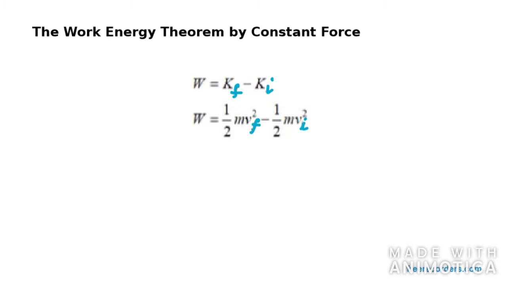So the final position. The work energy theorem says that the change in kinetic energy of a particle is equal to the work done. So let us say that the kinetic energy is something here, Ki.